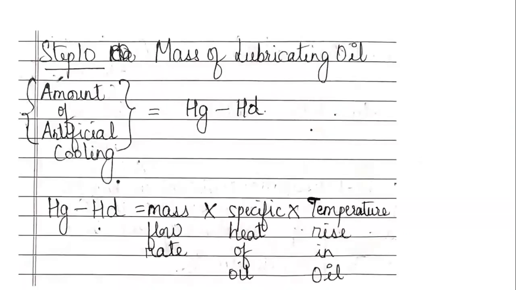Moving ahead, step number 10 is to calculate the mass of lubricating oil. And that you can find out from the amount of artificial cooling, which is Hg, heat generated, minus Hd, heat dissipated. In step number 8, you have calculated heat generated, and in step number 9, you have calculated heat dissipated.